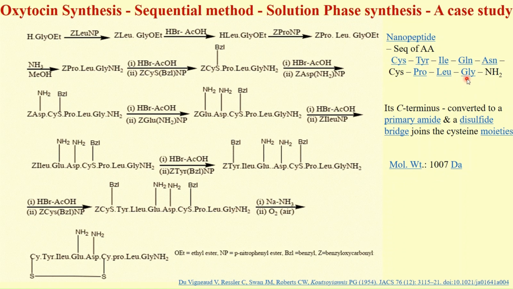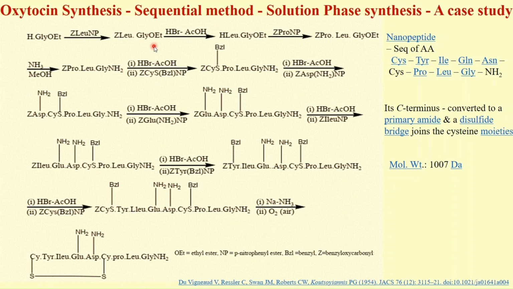First is the glycine. We take the glycine and activate its carboxy group as ethyl ester, and this glycyl ester is linked with leucine, in which the N group is protected, and when it is treated, it gives leucyl glycine ester.